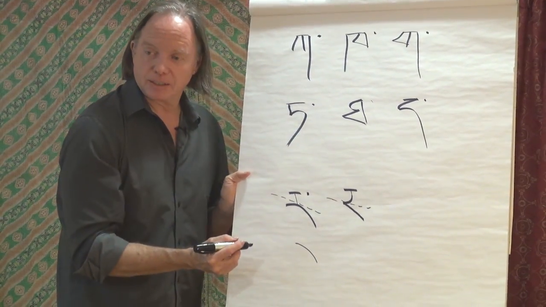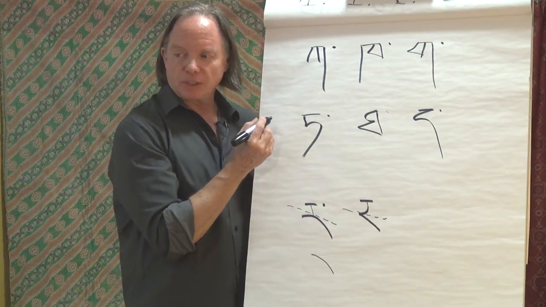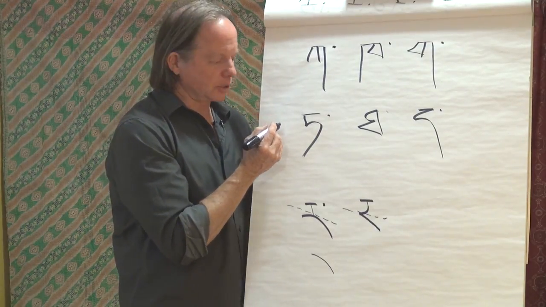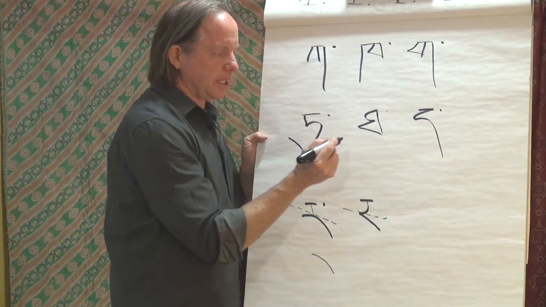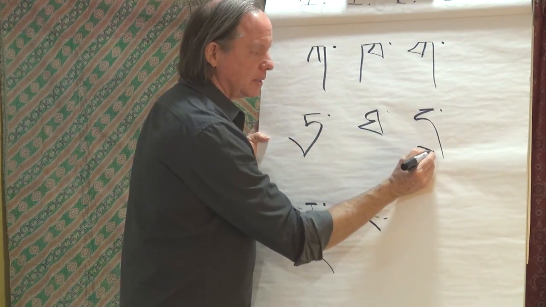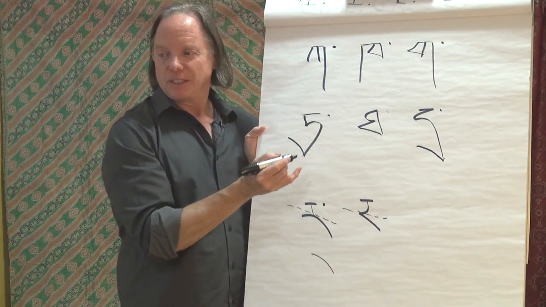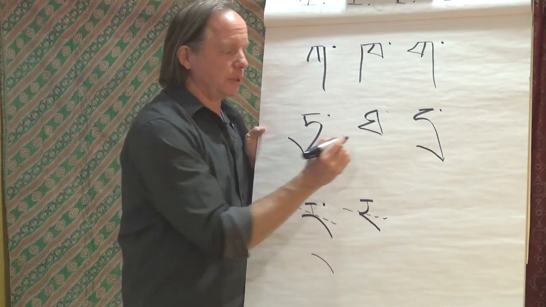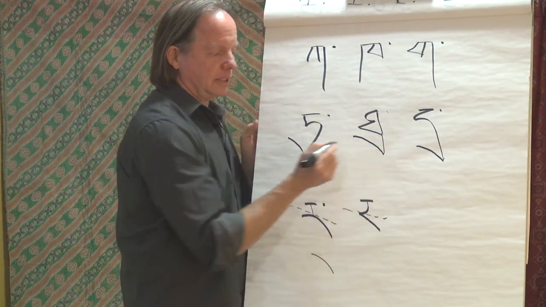And we're going to connect that slash to the bottom of the ta row. So we're going to connect it here, and we'll connect it here. Now there's no place to connect it to the last ta because it's already full at the bottom. So we make a little connector line and then we add a ratak.